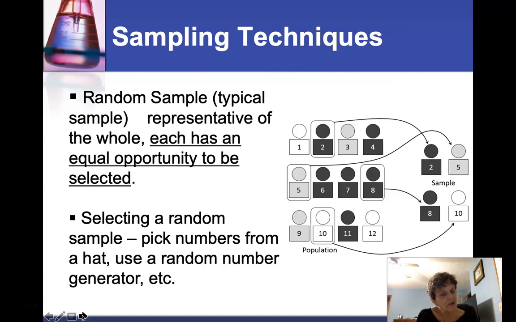Most of us have been, maybe we want to say, victims of a random sample when you're doing classwork face-to-face, or when you're in a group meeting and they say, everybody count off 1, 2, 3, 1, 2, 3, and then you get put in a group based on whatever number you said. So that is an example of just having a random way to divide people into different groups, or in this case, into a sample.